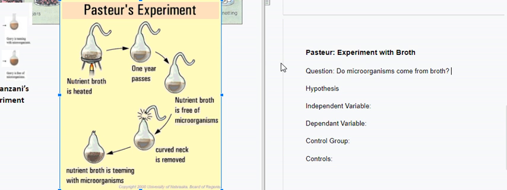And you might even be interested to say, can microorganisms grow in broth that has been sterilized, because he's going to heat it so it's boiling again. His hypothesis is microorganisms come from the air and land in the broth.